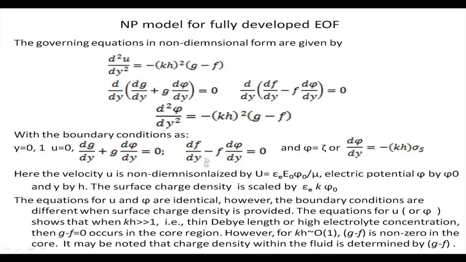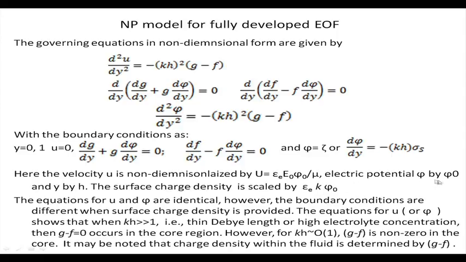Now, in deriving this equation, we non-dimensionalized the velocity by this capital U, which is similar to the Helmholtz-Smoluchowski velocity, where phi 0 is the scale for the electric potential, and E 0 is the applied electric field.